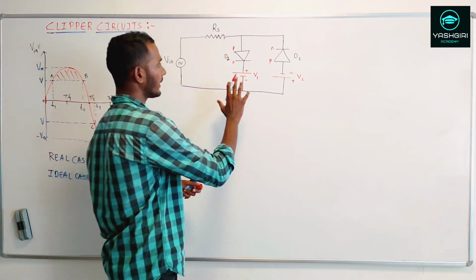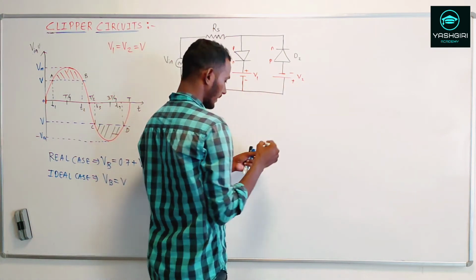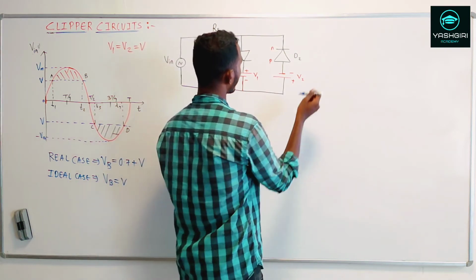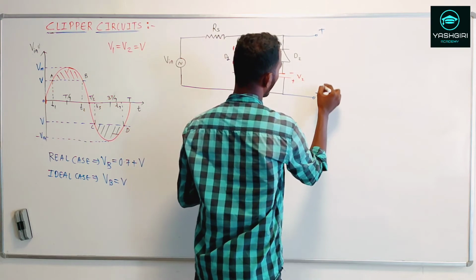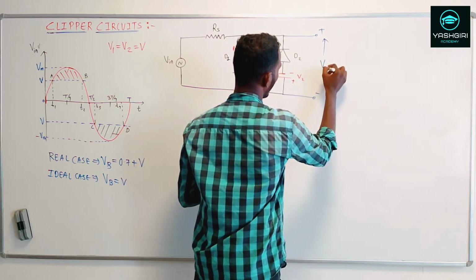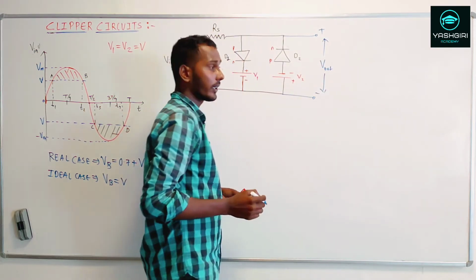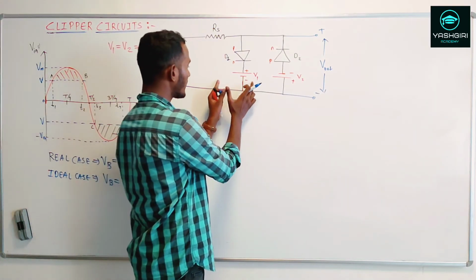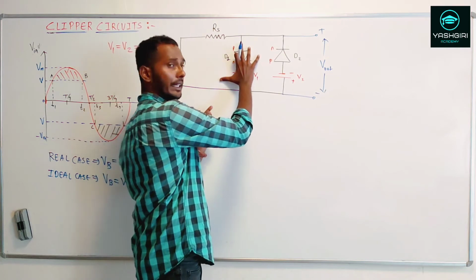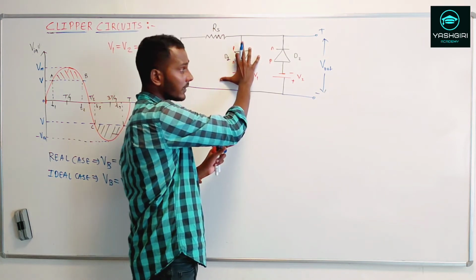Now the output I'm going to measure is at this side. Let this be my V out. If you see both the diodes and the biasing voltages, diode D1 is already reverse biased.